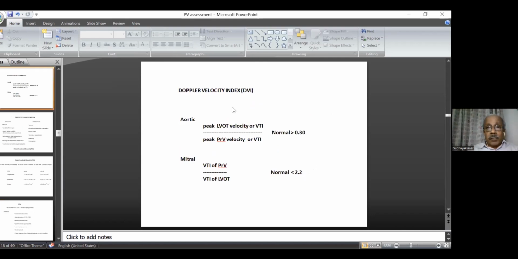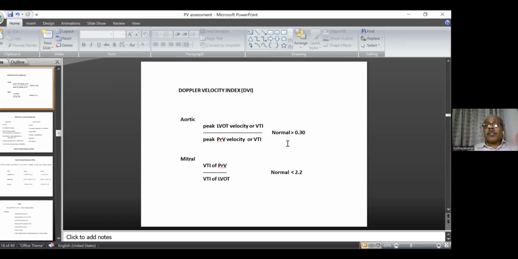Now, Doppler velocity index is another method, because if it is going through an unobstructed valve, there will not be much problem. The velocities will be the same. The peak LVOT velocity, that is simple, or you can take the VTI divided by the peak prosthetic valve velocity.